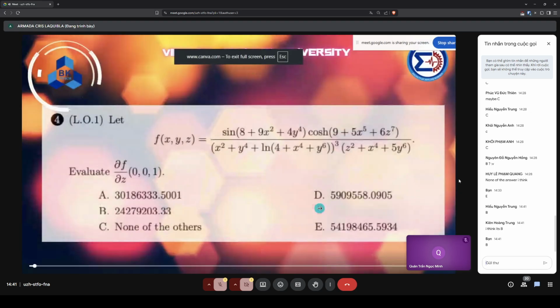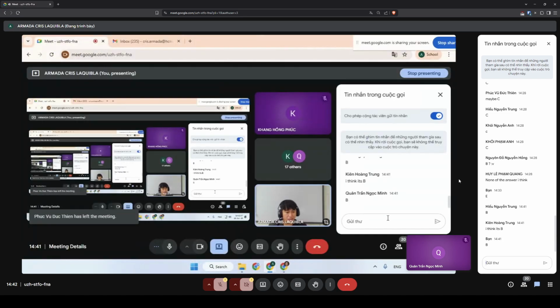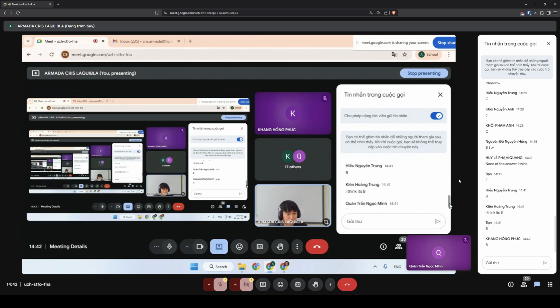The answer is letter... Can you type it in the chat box, please? B. I think it's B. Why do you just think it? You didn't compute it? Again, it's sine 8 and then put a bracket.